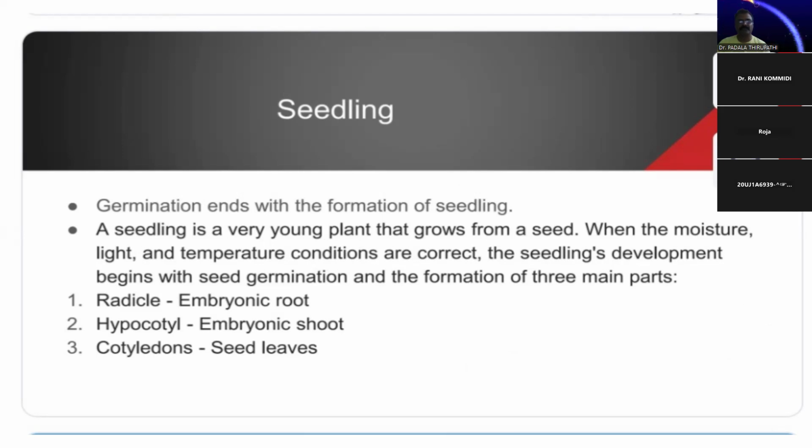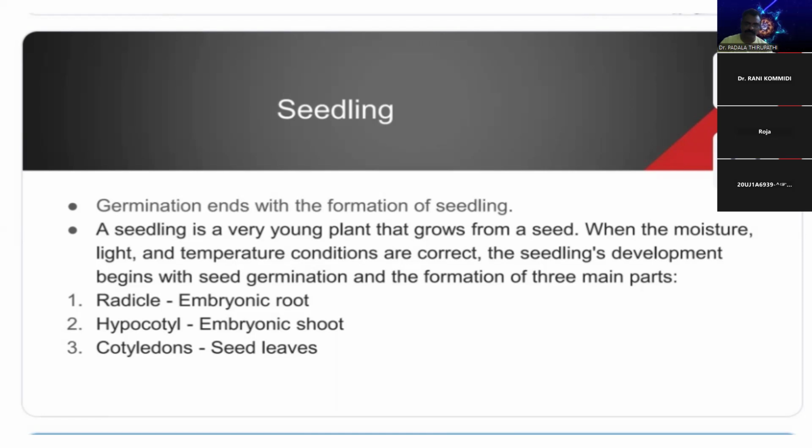A seedling is a very young plant that grows from a seed. When moisture, light, and temperature conditions are correct, the seedling develops, beginning with seed germination and the formation of three main parts: the radicle, the embryonic root; the hypocotyl, the embryonic shoot; and the cotyledons, the seed leaves.